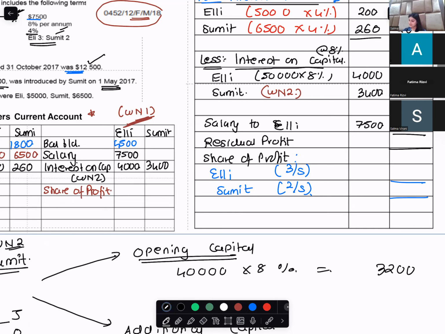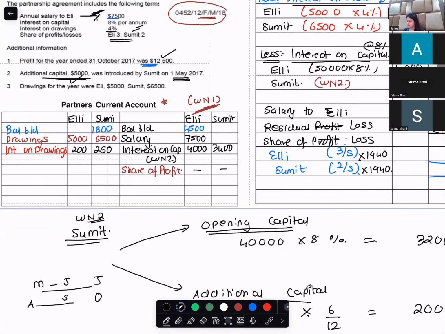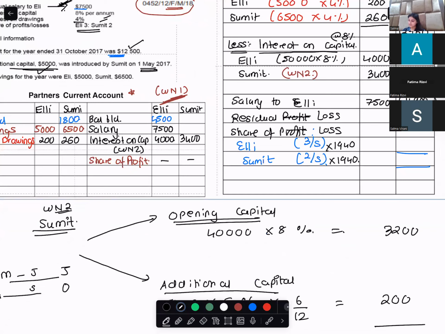So this is 14,900. So it is residual loss and share of loss. How much is the loss? 1,940. 1,940 into 3/5, 1,164.